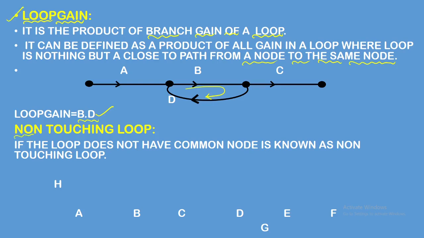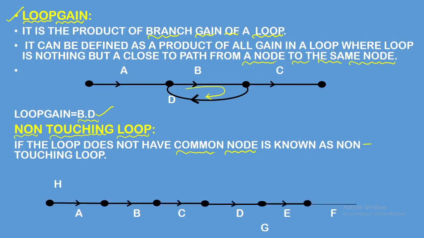Next, see the meaning of non-touching loops. If the loops don't have a common node, they are called non-touching loops. Let us take that example also. If you observe, there is one loop here, and here also one more loop.